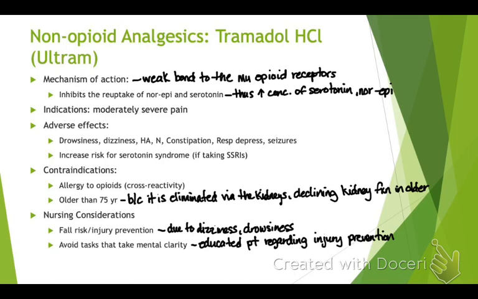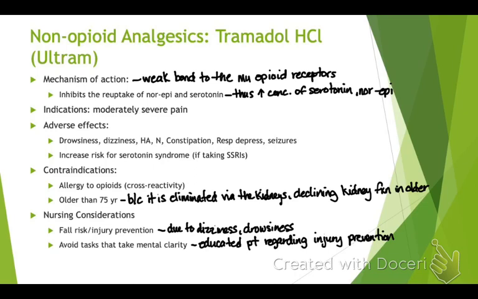Absorption is usually unaffected by the use of food, so it doesn't necessarily help or diminish the absorption whether you take it with food or not. It can elevate renal excretion.